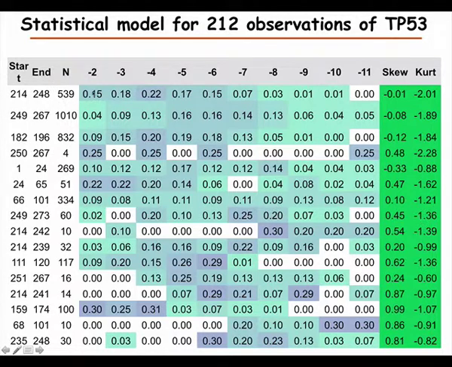This shows how these peptides are distributed among the different expectation value ranges. This is between 10 to the minus 1 and 10 to the minus 2, this is 10 to the minus 2 to 10 to the minus 3, and so on.